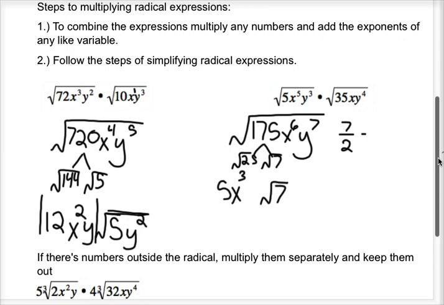Well, that leaves me 3. I have 3 groups of 2. And then I have a remainder of 1 to get me up to 7. So I'm going to have y to the 3rd coming out. And then I have a y to the 1 that's stuck inside.